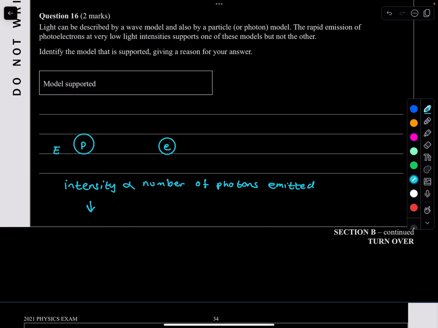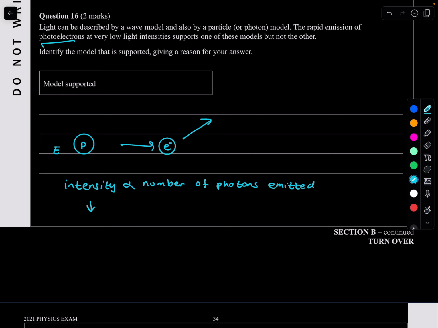Even though intensity is low, meaning there are fewer photons being emitted, we only need one photon to be absorbed by one electron, because remember, one photon gets only absorbed by one electron. So if this photon gets absorbed by this electron and its energy is greater than the work function, this electron is going to be emitted. And so we have photoelectrons being emitted.